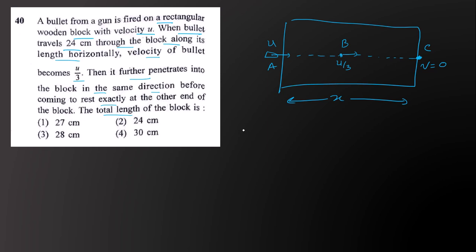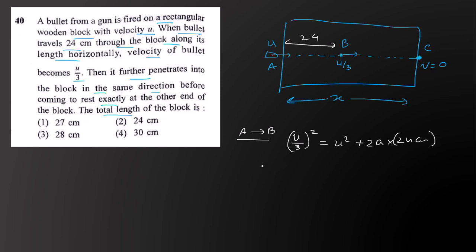throughout this particular exercise, I assume that the acceleration of the bullet is some constant. So first I will apply the equation of motion between A and B. Let's say the third equation of motion I will apply, where time is not involved. So according to that, final velocity square equals initial velocity square plus 2 times acceleration multiplied by distance. This distance is 24 centimeter.